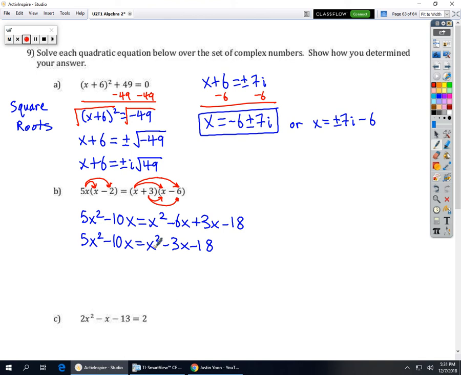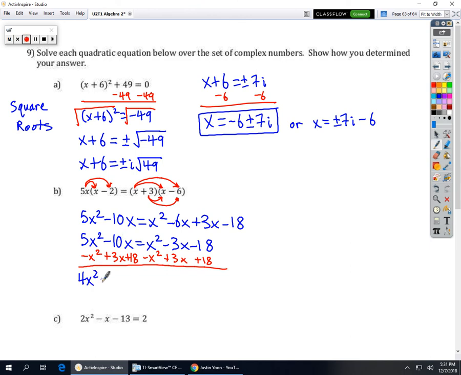Well, I want the x squared part to stay positive, so I can subtract this one over here and move the 18. Doesn't matter which way you do it, because this is definitely a quadratic formula one. So I'm going to subtract x squared from both sides, add 3x to both sides, and add that 18 to make it go there. So let's go vertically. 5x squared minus x squared is 4x squared.